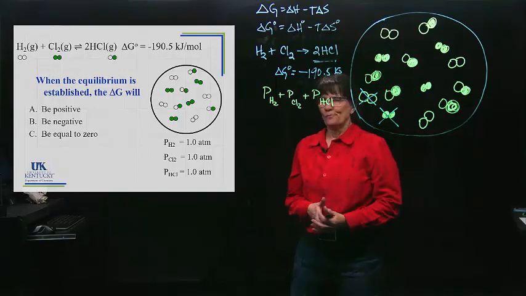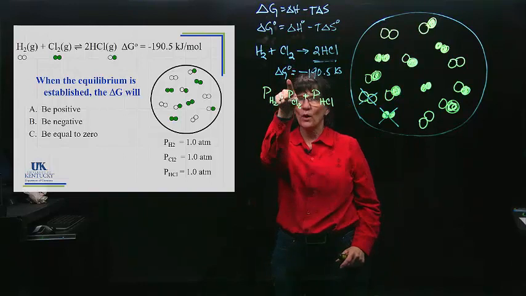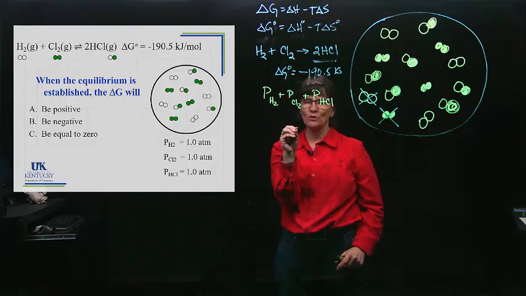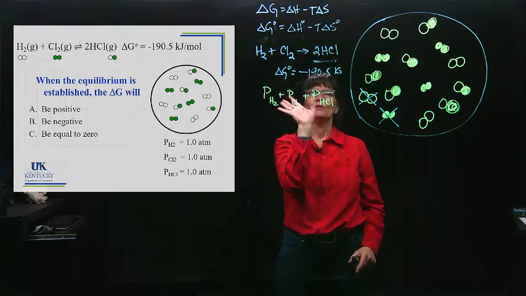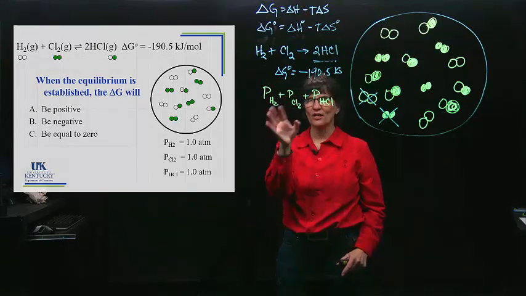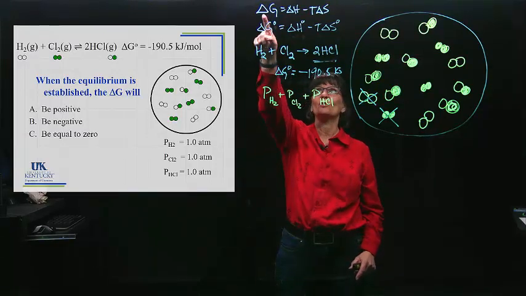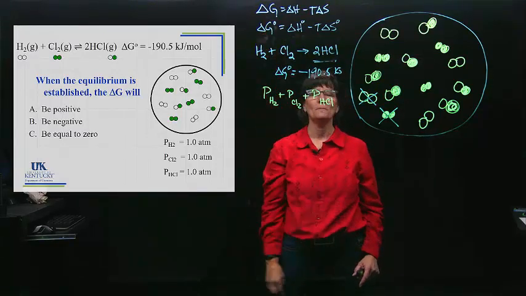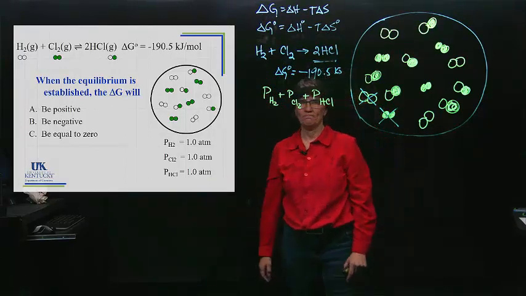So the bottom line, this doesn't change. This is where it was at the beginning when everything was one atmosphere. This is a snapshot of a single condition. Very often a reaction is not under standard state conditions. If it's not under standard state conditions, we take away that circle. We're talking about non-standard delta G, and it could be all kinds of different values depending on where the system is.